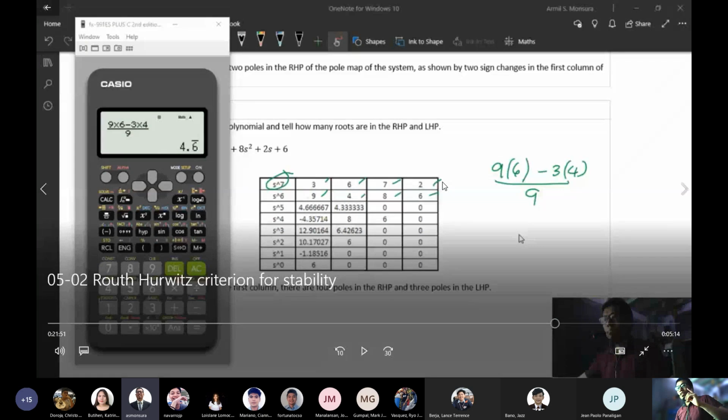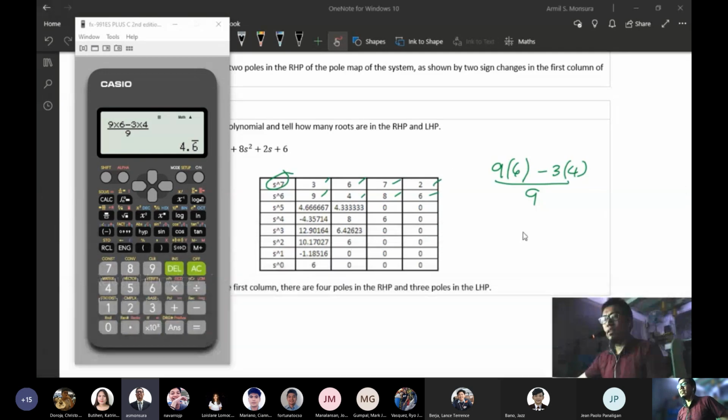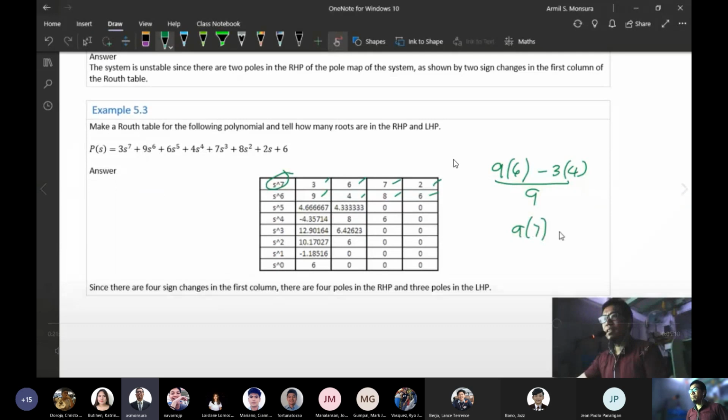The correct formula is negative of 3 times 8 minus 9 times 7, divided by 9. But when you evaluate it with this slight change, it becomes 9 times 7 minus 3 times 8 divided by 9.